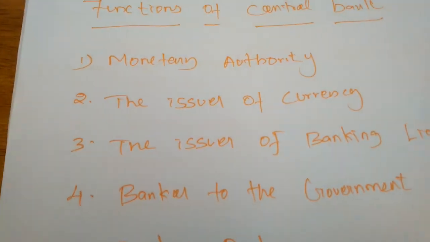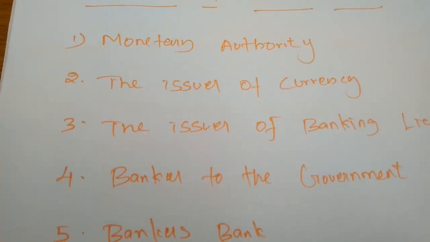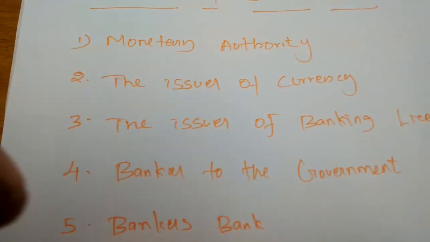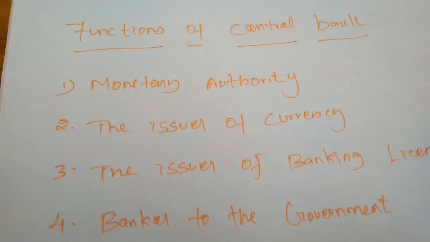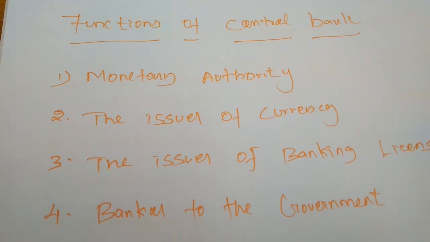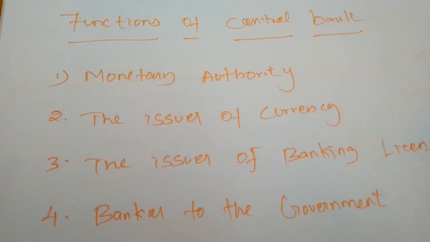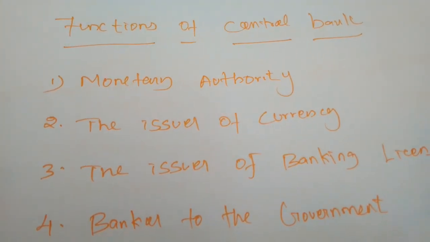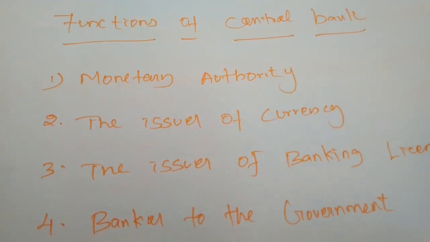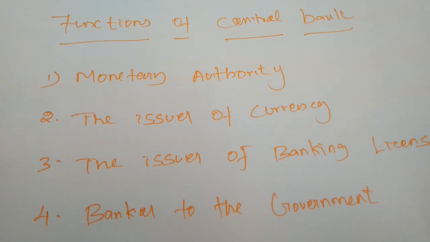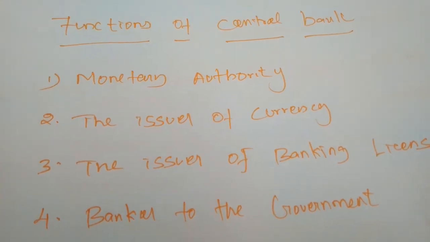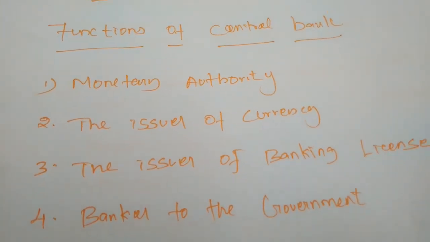First one is monetary authority. As monetary authority, the Reserve Bank of India controls the supply of money in the economy to stabilize the exchange rate, maintain a healthy balance of payment, attain financial stability, control inflation and strengthen the banking system.